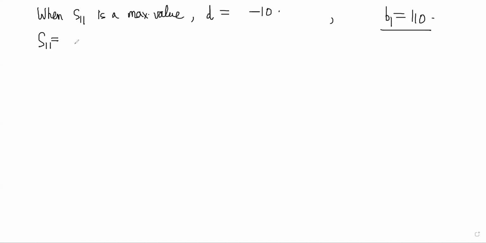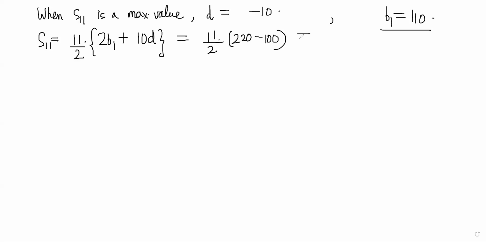S11 will be equal to 11 by 2, n by 2, times twice B1 plus 11 minus 1, that is 10, times D, right? So this will become basically 11 by 2 into 220 minus 100, and that is equal to 660. S11 is coming out to be 660.